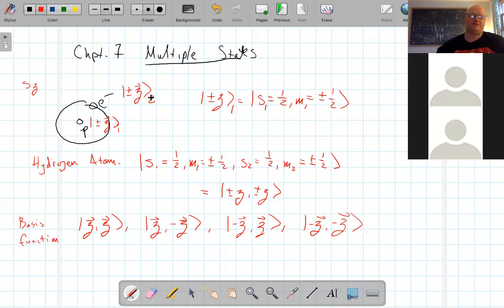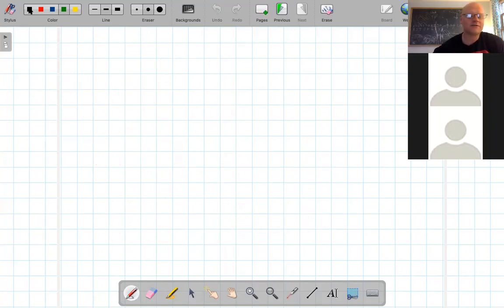Now, of course, this is not the only way I can do this. I can look at the SZ component for the first particle, say for the proton, but I can also look at the SX for the electron. So I could have one state with positive Z and the other with positive X, for example.